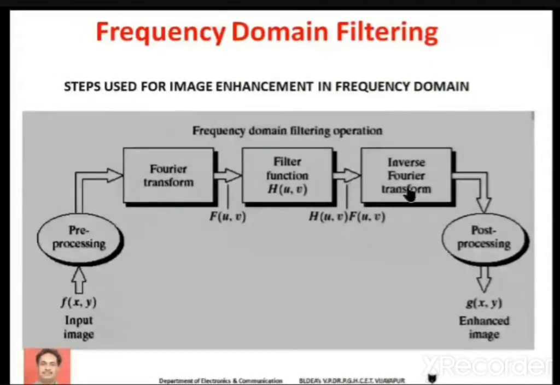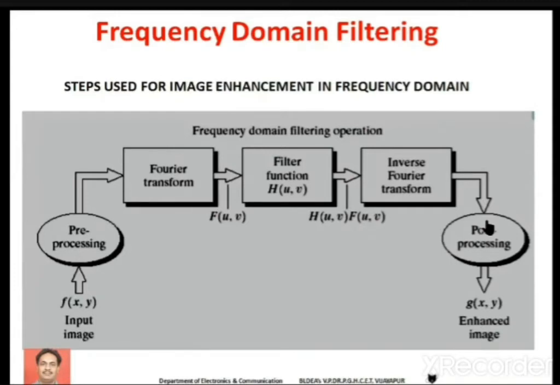Here we get the inverse Fourier transform signal, and after that we perform the post-processing operation. Whatever result we get after this block is multiplied by minus 1 raised to x plus y. This process we call the post-processing operation.